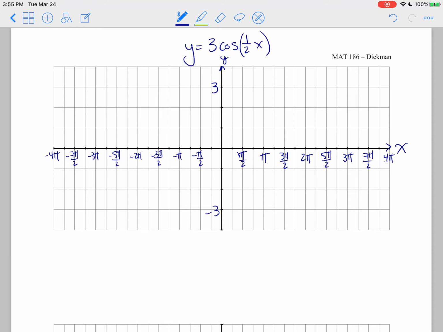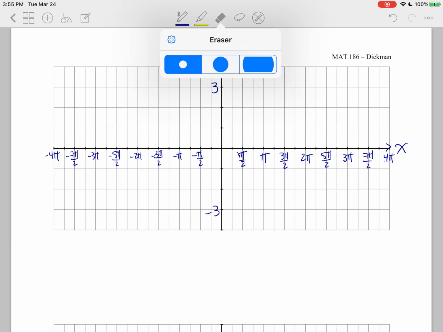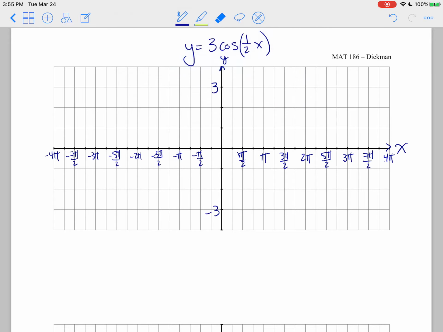Now, I probably could have made my scale a little bit smaller. I probably could have stuck with the pi over 4, and that would have been fine. But I think for the purposes here, I just wanted to show you how to count up by 1/2 pi's this time. And I wanted a whole period to fit on the right side of this graph.